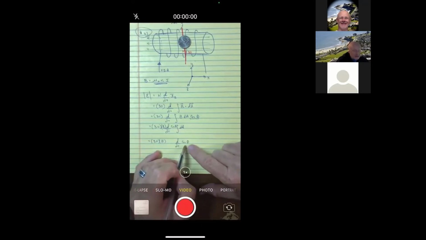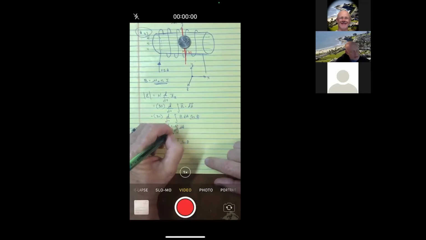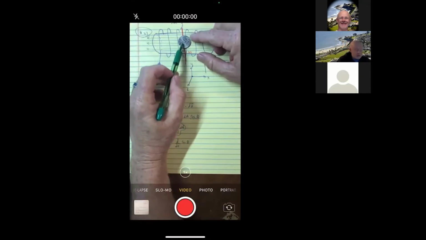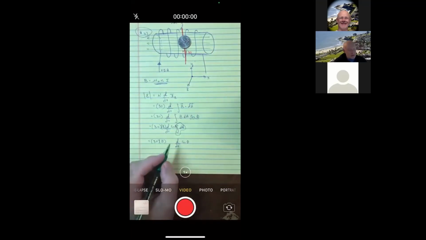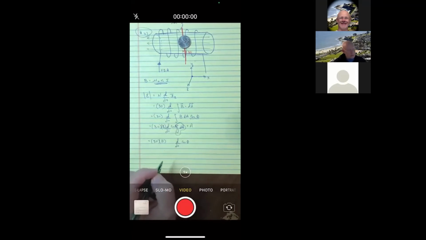And that theta does change with time, so I don't want to pull it in front of the derivative with time. But what I am going to point out is that right here, I just have the integral of the area, which is the area of this circular loop. So that's just the area of a circle.